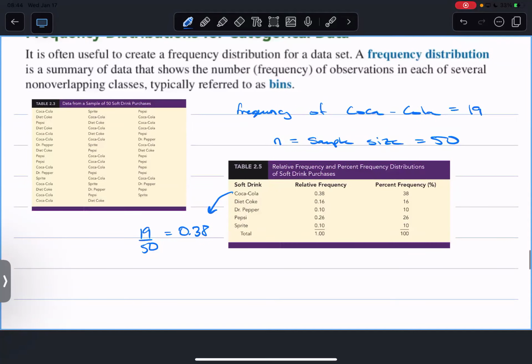Usually our brains have a really hard time figuring out 19 out of 50, and that's why we convert to relative frequencies immediately. But you could report the raw counts and compare the raw counts. But our brains deal very well with percentages, especially.